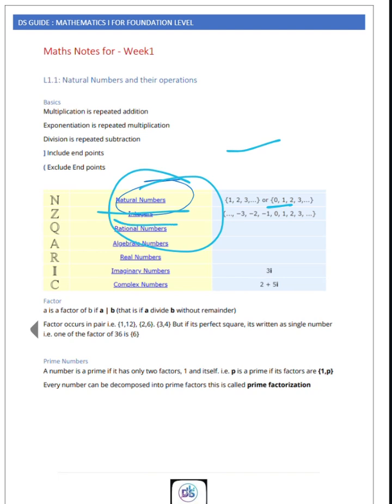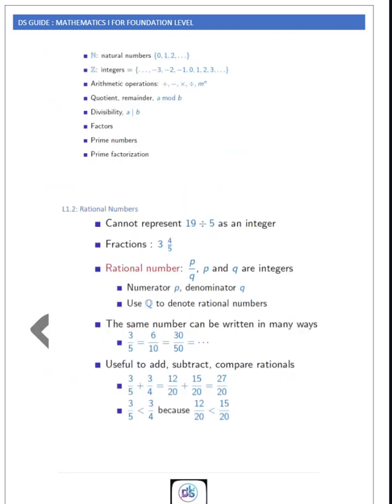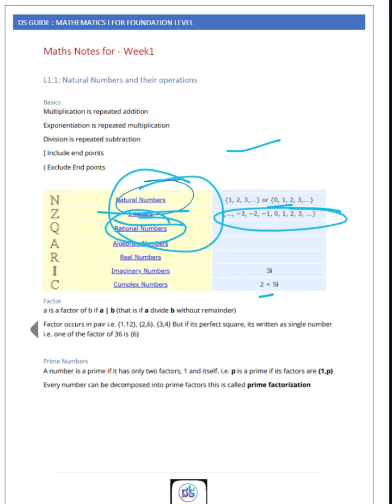Next we have integers. All the numbers, all the negative and positives including 0, are considered in integers. After that, we have rational numbers, the numbers which can be written in the form p by q, and q is not equal to 0. Okay. Next, what are irrational numbers?